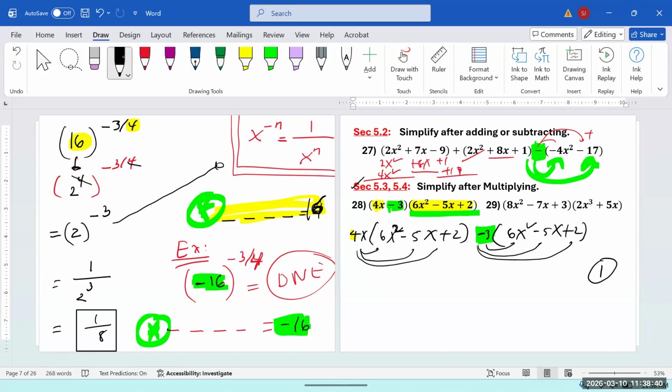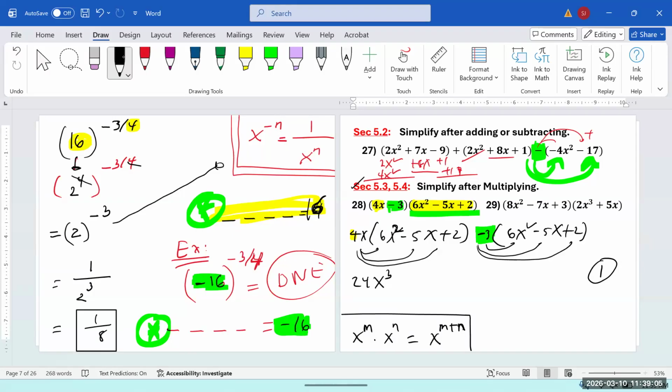When you multiply numbers with numbers, and for variables, you add the powers. So we use another power rule. If you have x to the m and x to the n, we add the powers. So we are going to use this exponent rule when you multiply the bases. 24x cubed.